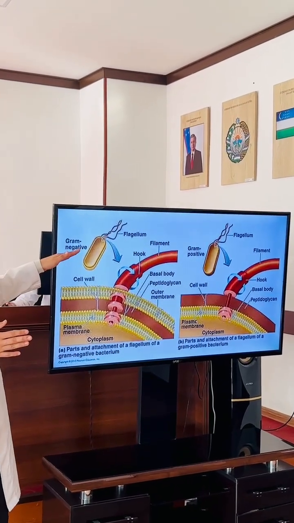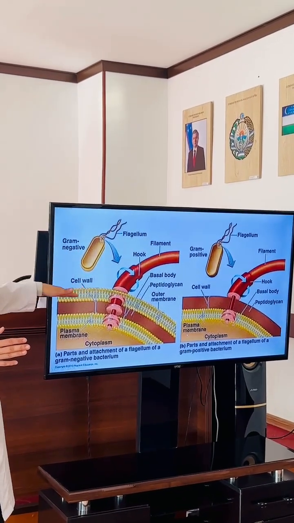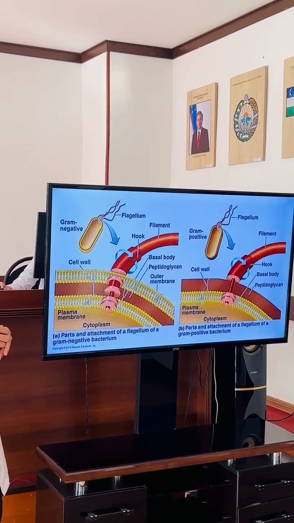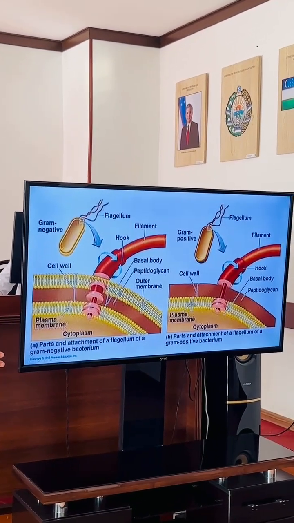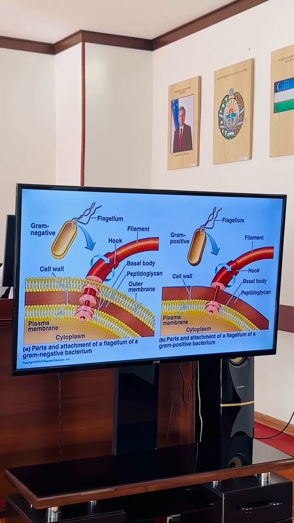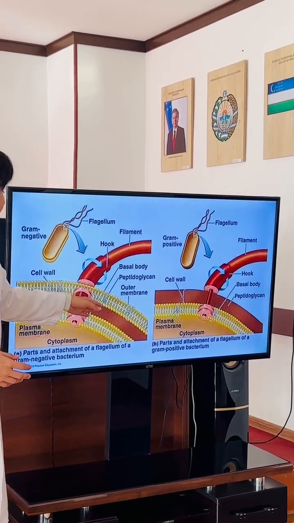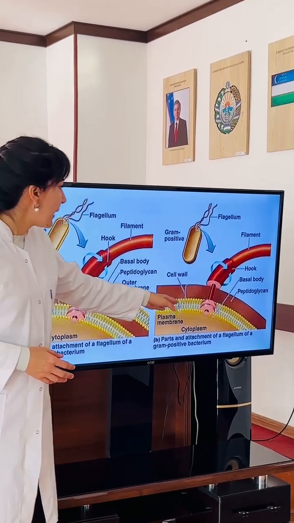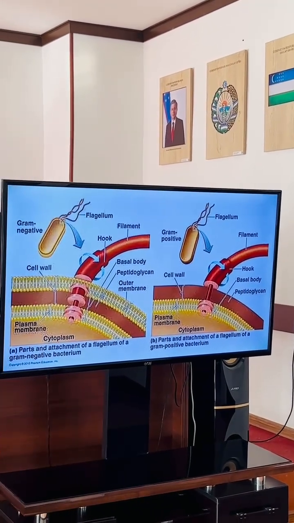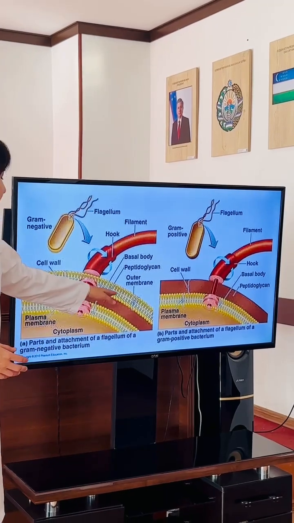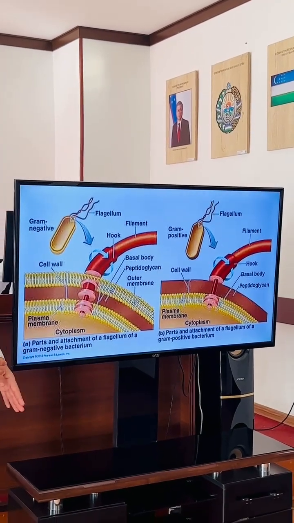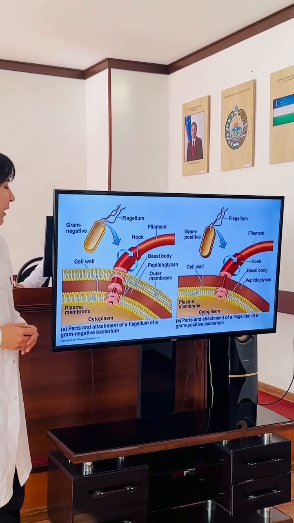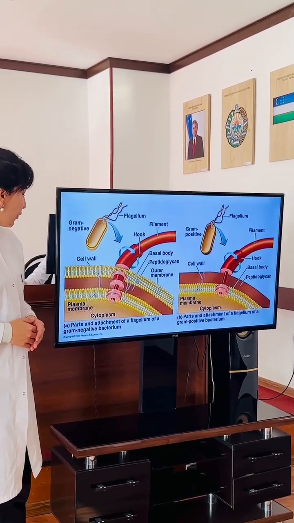Here we can see gram-negative cell walls and gram-positive cell walls, and some differences between them. Gram-negative bacteria have peptidoglycan, and gram-positive bacteria have peptidoglycan too, but gram-negative bacteria have an outer membrane, which we cannot find in gram-positive bacteria.